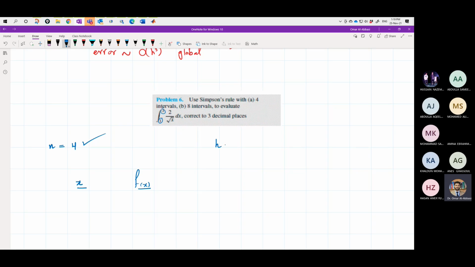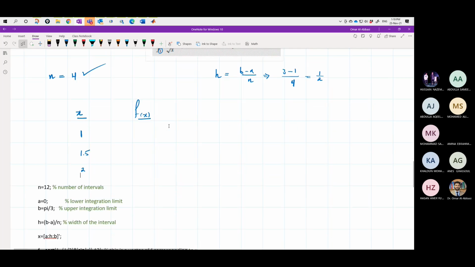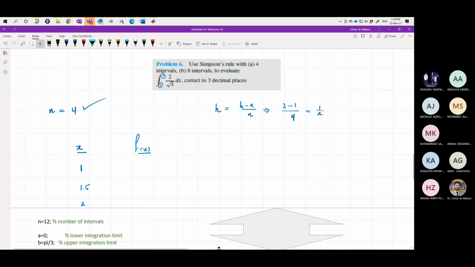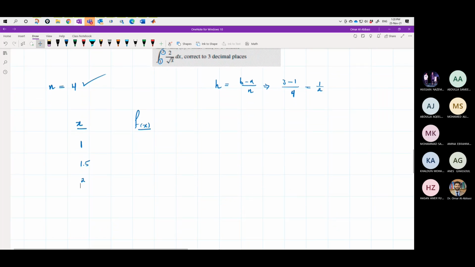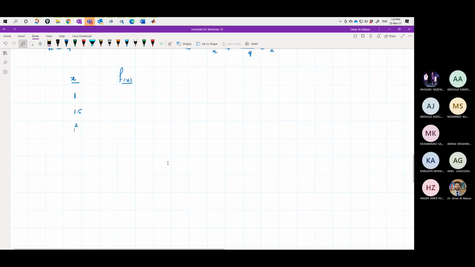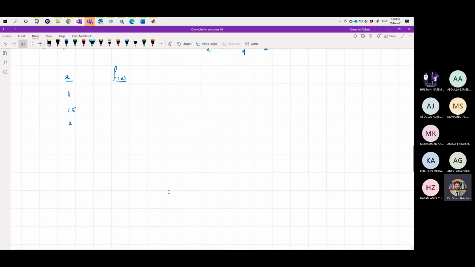So how much is h? You remember, b minus a divided by n. So that is 3 minus 1 divided by 4. So that is 1/2, correct? So if you start at 1, then the next one is 1.5, then 2, then the next one is 2.5 and then 3.